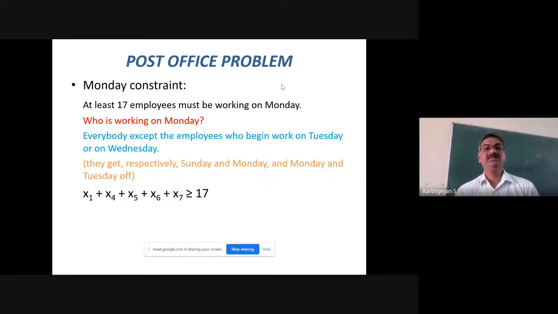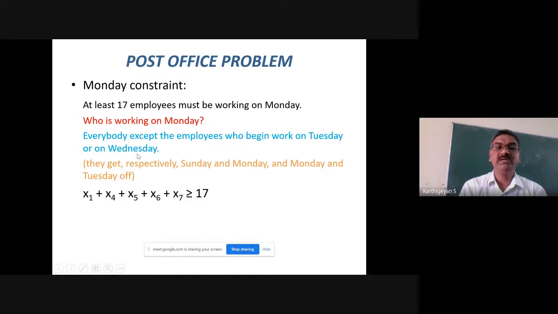So for the constraints, in the first table itself we found that on Monday 17 employees must be working. So for Monday, who will take off? Those who have started working on Tuesday and Wednesday, I am just using my cursor to point out. Those who joined work on Tuesday and Wednesday will take leave on Sunday and Monday, because those who start working on Tuesday take off on Sunday and Monday.